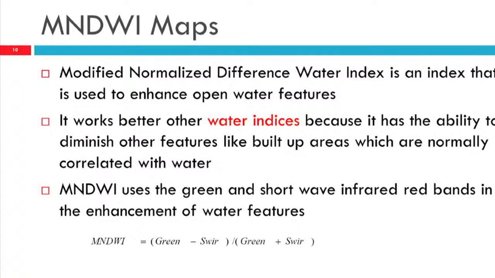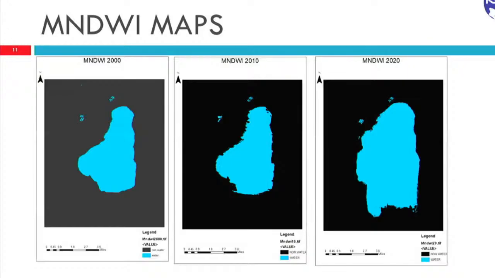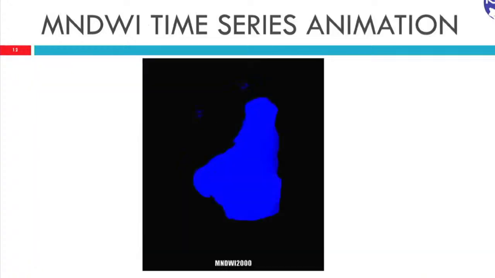The modified normalized difference water index uses the green and the shortwave infrared bands to enhance water features. And those are some of the maps that we got from using that index.